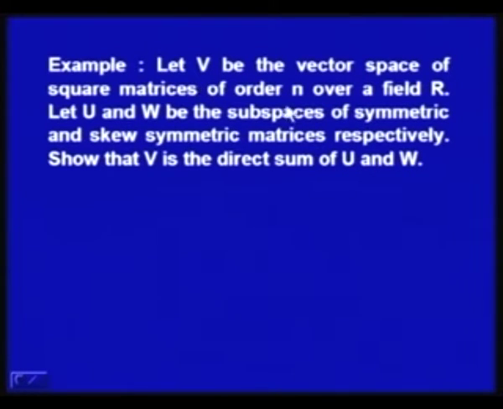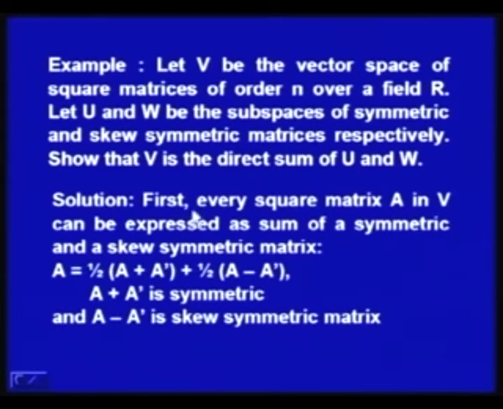We have already proved that square matrices form a vector space, and U, the set of symmetric matrices, forms a subspace of this vector space V, and W, the set of skew symmetric matrices, also forms a subspace. Now, we have to show that V is the sum of U and W. To prove this, we first observe that every square matrix A in V can be expressed as the sum of a symmetric and a skew symmetric matrix.